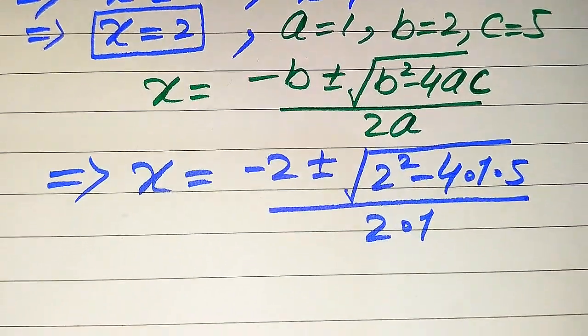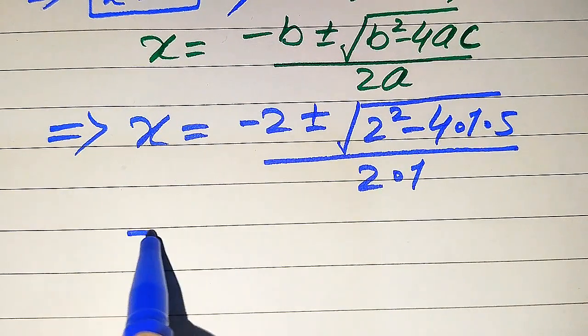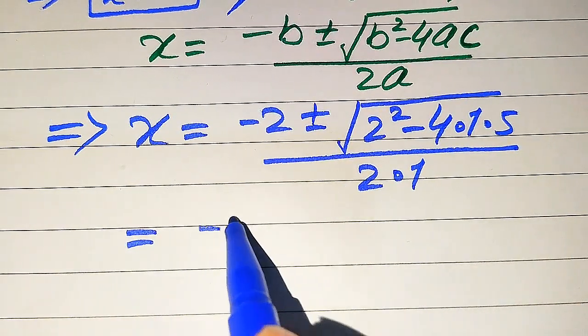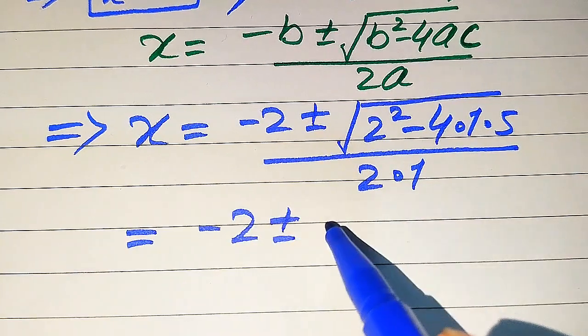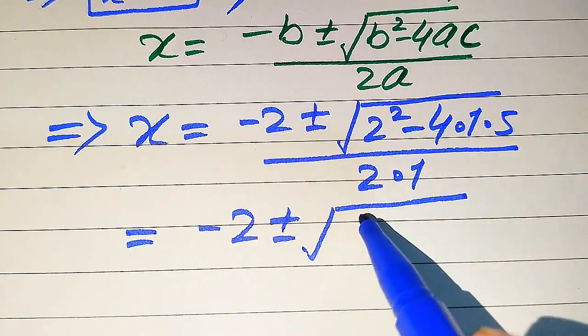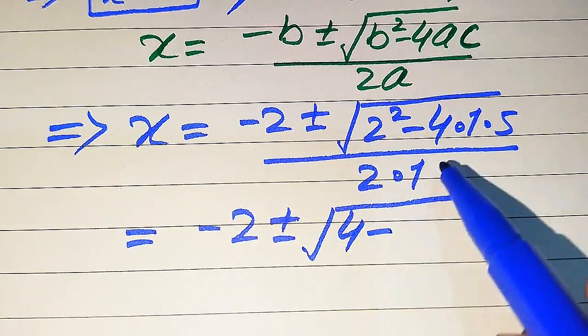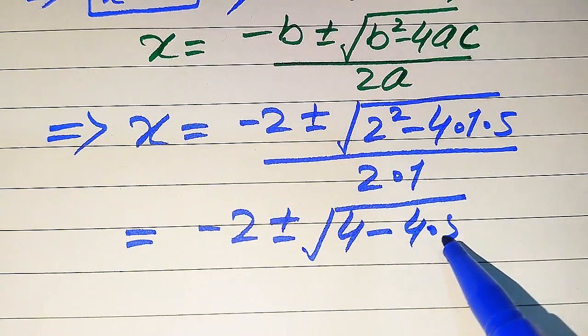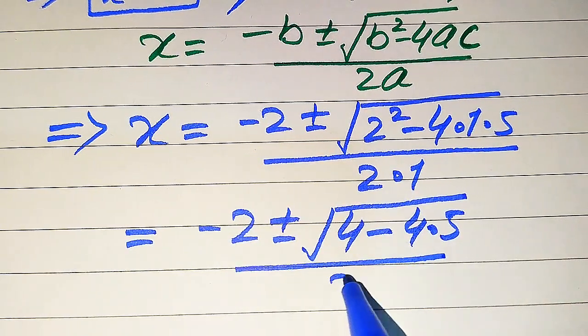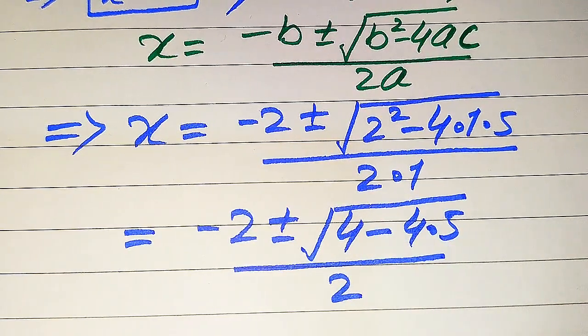So here our a is equal to 1. So here we need more simplification, and we get minus 2 plus minus square root of 2 square, 2 square becomes 4, minus 4 times 5, divided by 2 times 1.